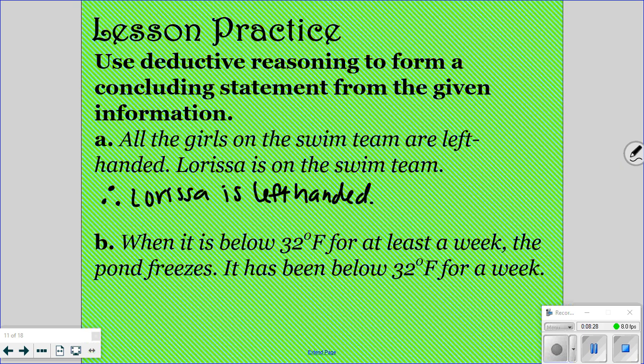For B, when it is below 32 degrees for at least a week, the pond freezes. It has been below 32 degrees for a week. Therefore, the pond is frozen. So that would be your answer for those two.